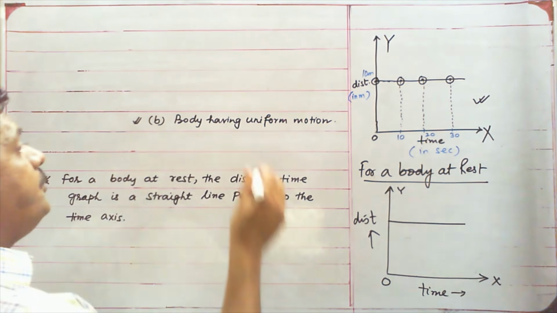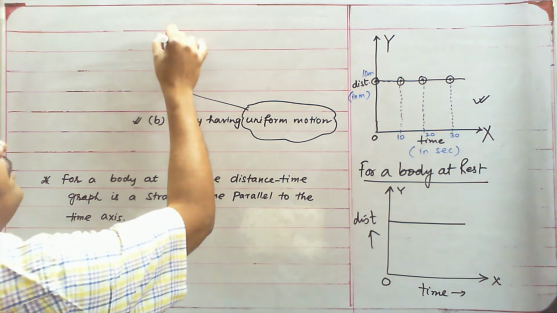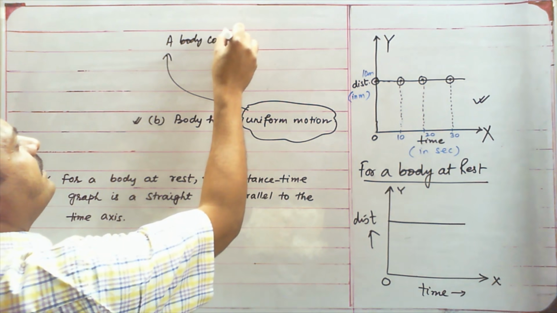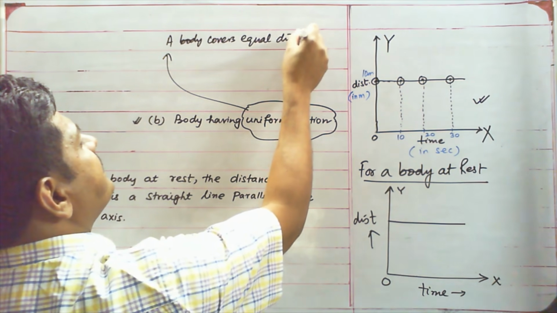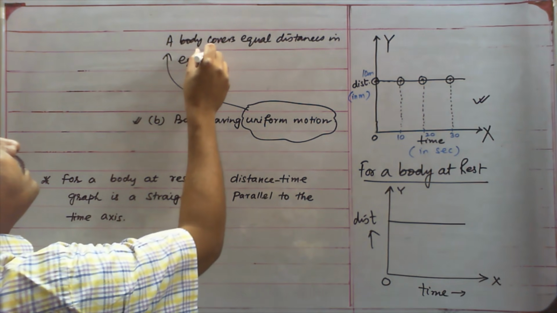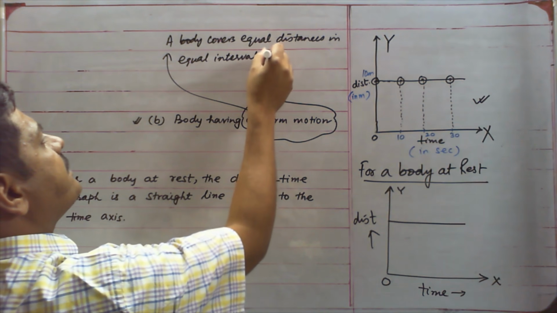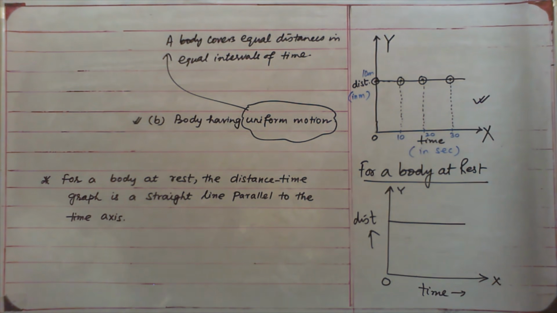What is uniform motion? Uniform motion says a body covers equal distances in equal intervals of time.